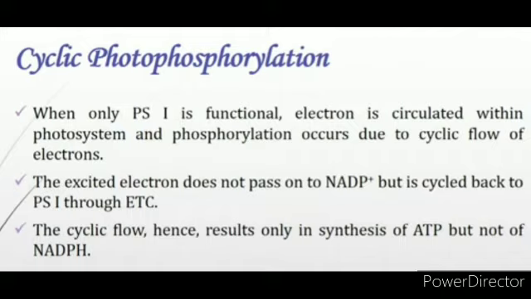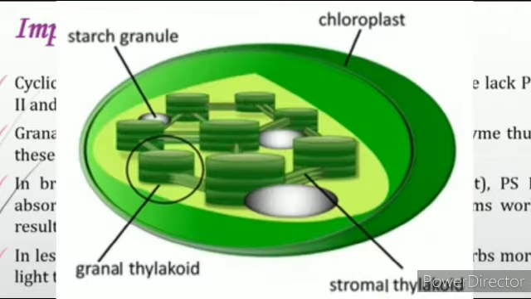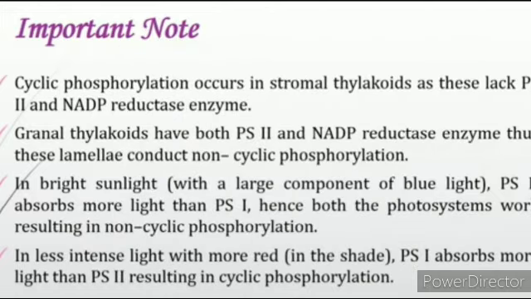The cyclic flow hence results only in synthesis of ATP but not of NADPH. Cyclic phosphorylation occurs in stromal thylakoids as these lack PS2 and NADP reductase enzyme.